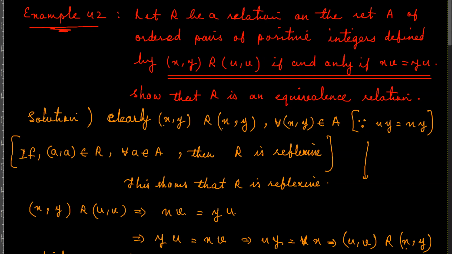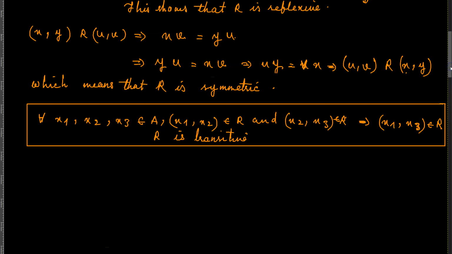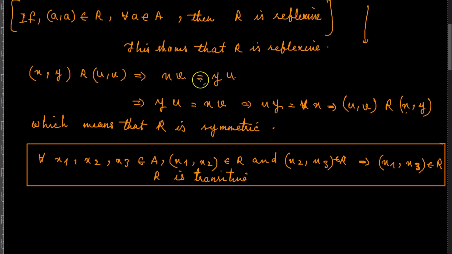Okay, so in order to show that R is transitive, I don't know what I was saying when I stopped this video, but here we said that R is symmetric. So now I'm going to ignore whatever I said about the transitive part and start over.